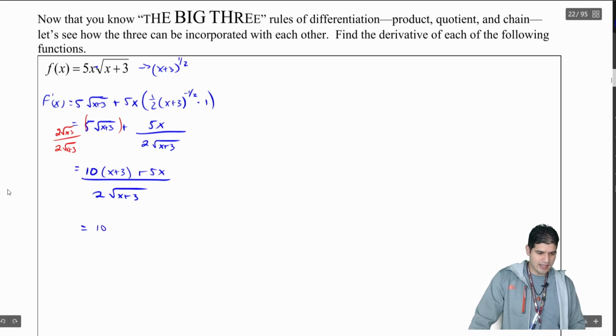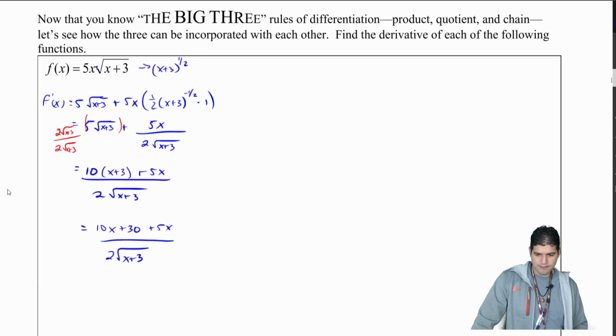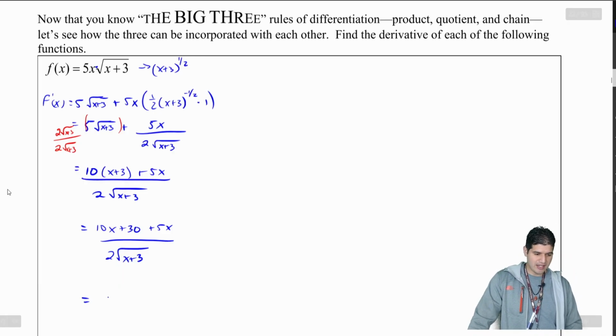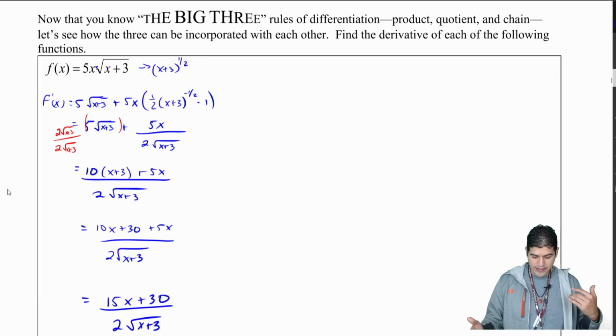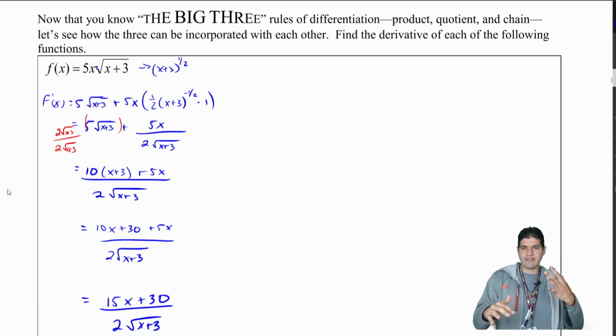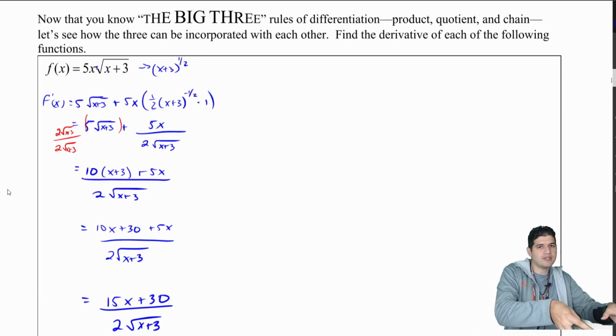So I get 10x plus 30 plus 5x over 2 square root of x plus 3. And one final step remaining, 10x plus 5x, I get 15x plus 30, all divided by 2 square root of x plus 3.